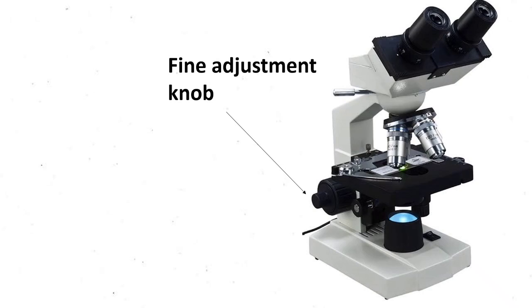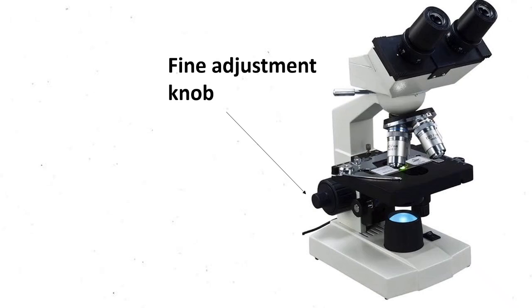Now look at this small one here. Let me highlight it again, this particular one here. That's the fine adjustment knob. And what is the function of the fine adjustment knob?